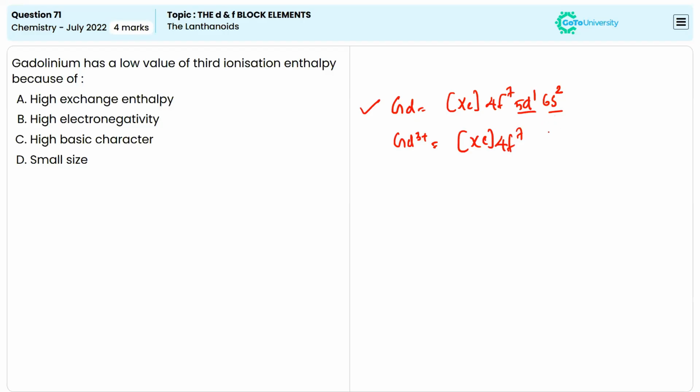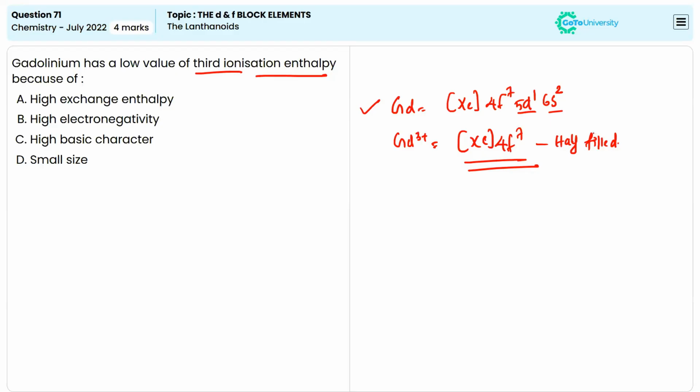Third ionization energy is the amount of energy required to remove the third electron. After removing the third electron, gadolinium will convert into the xenon 4f7 configuration. This 4f7 means it is half filled, because f14 is the maximum capacity. So f7 is a half-filled configuration, and so they are highly stable.